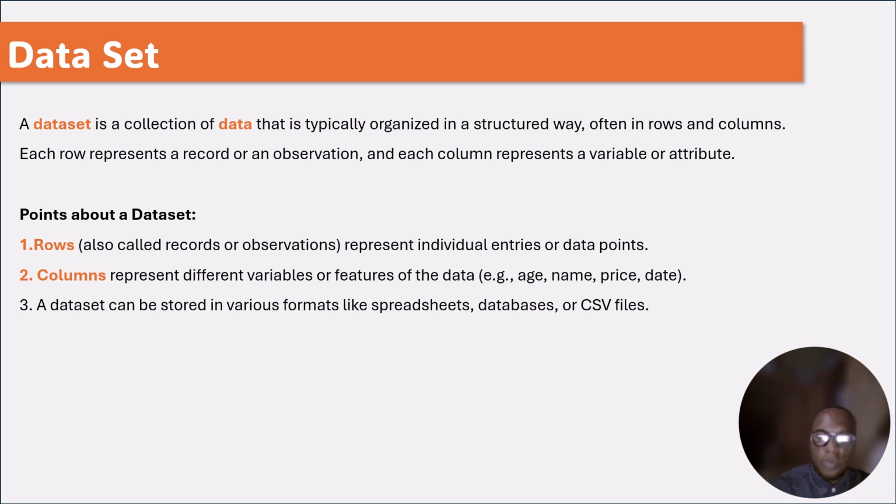For example, for columns we have age, name, price, and so on. Note, a data set can be stored in various formats like spreadsheet, database, or CSV files. So we now understand that a data set is a collection of data in a structured way. Okay, so let's move on.